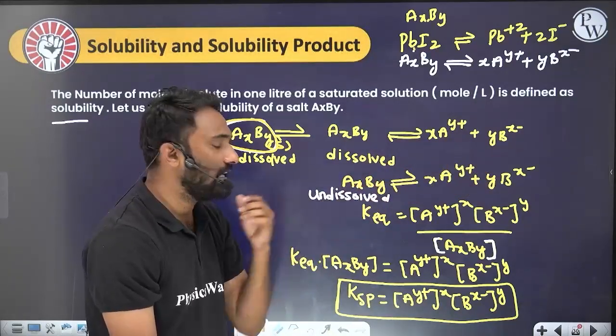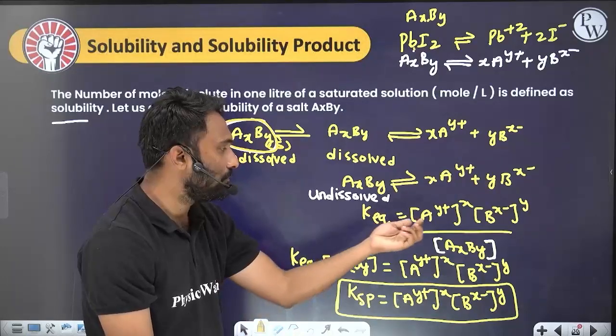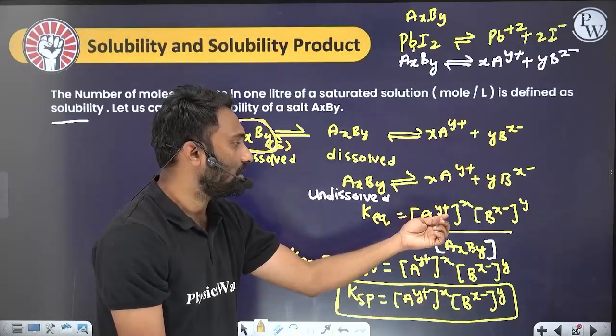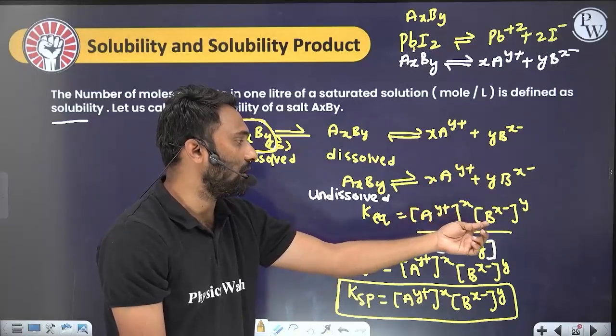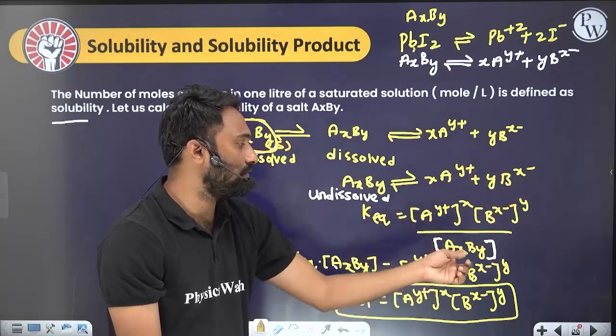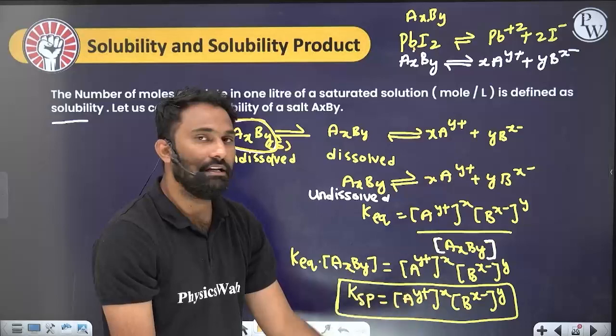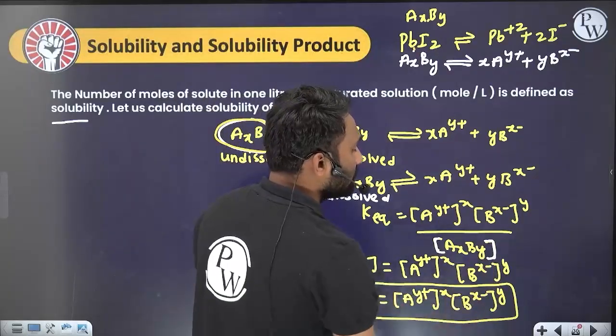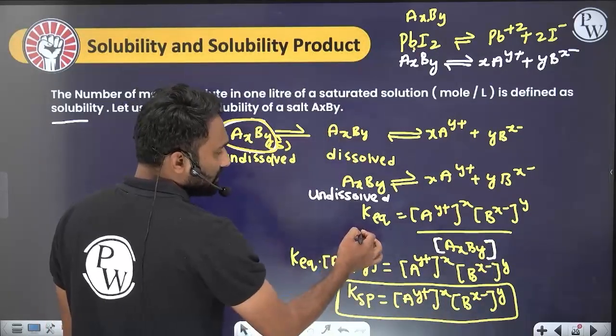For this, how do we write the equilibrium constant K? Concentration of A raised to the power of its stoichiometric coefficient, concentration of B raised to the power of its stoichiometric coefficient, and the undissolved salt, which is one constant.